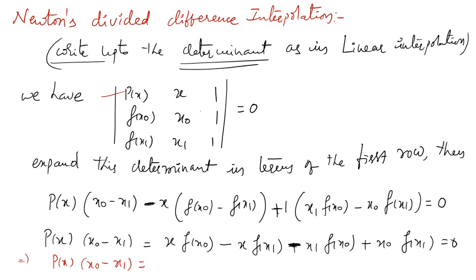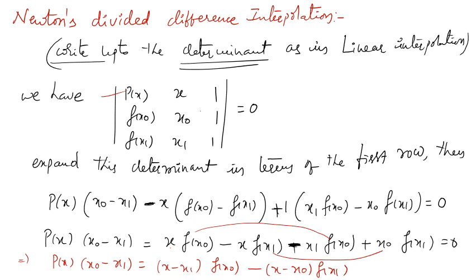okay, now f of x naught is common in these two terms, then I am getting x minus x1, otherwise you take like this, yeah, both are same. Okay, x minus x1 into f of x naught, next one minus, next these two minus common, x minus x naught into f of x1, x minus x naught into f of x naught, right?